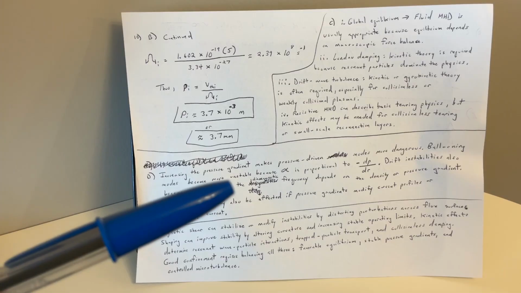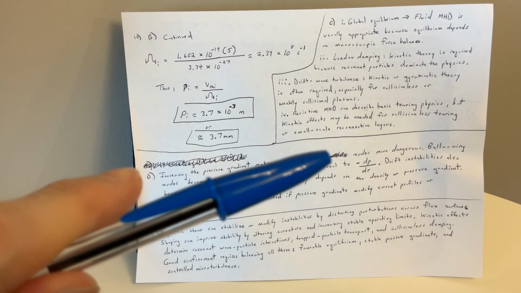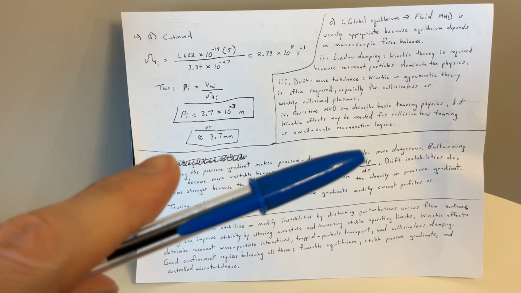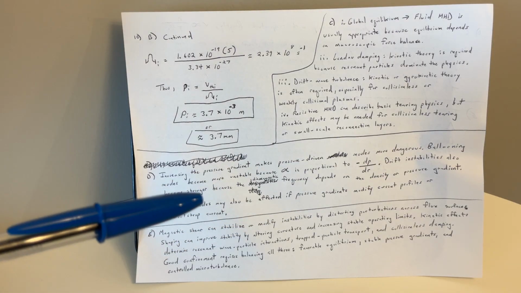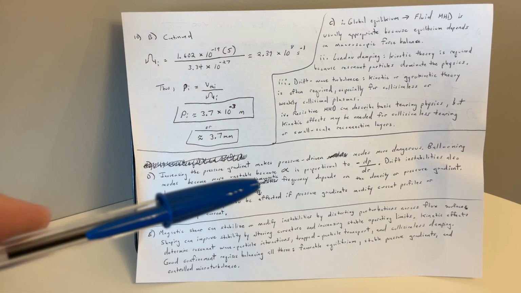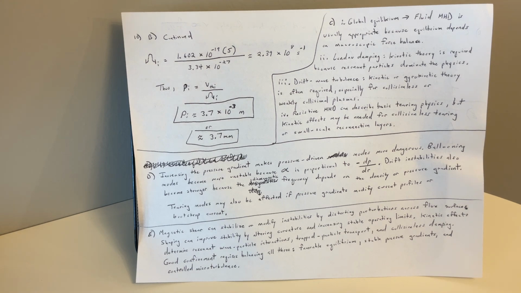Ballooning modes become more unstable because alpha is proportional to negative dp/dr. Drift instabilities also become stronger because the diamagnetic frequency depends on the density or pressure gradient. Tearing modes may also be affected if pressure gradients modify current profiles or bootstrap current. So that's for letter D, canonical.